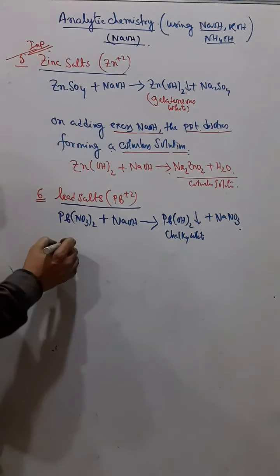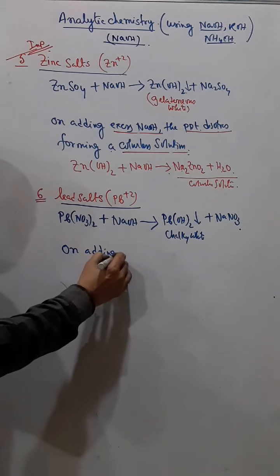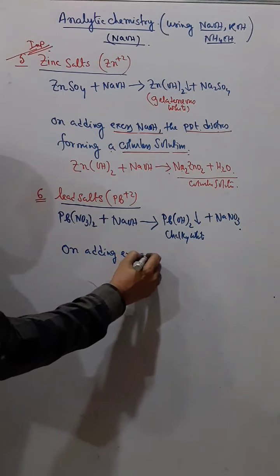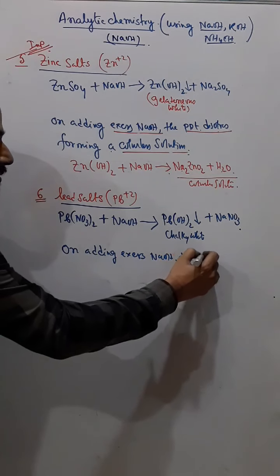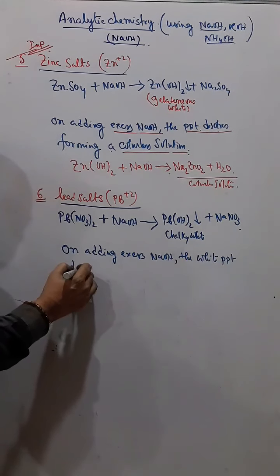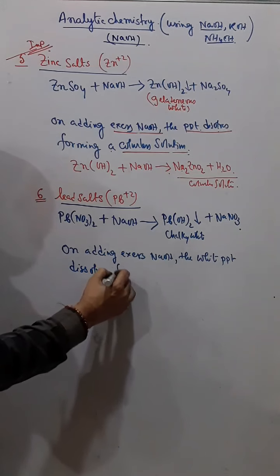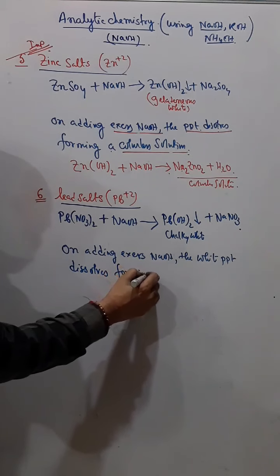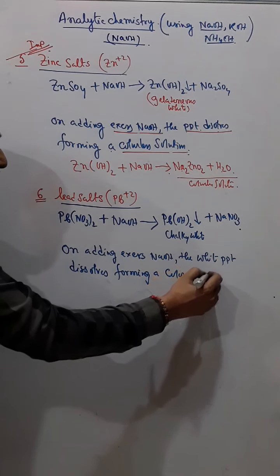And then here also on adding excess NaOH, the white precipitate dissolves, forming a colorless solution.